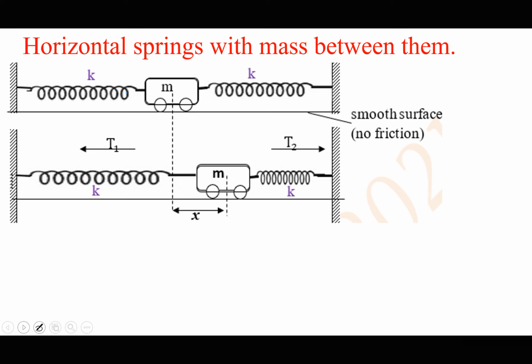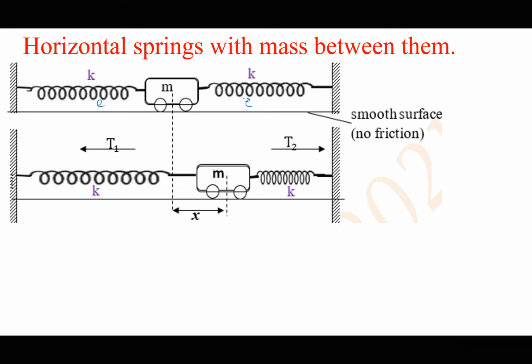If they are identical, we can assume that the extension caused in the process of trapping the mass is going to be E, the equilibrium extension, when the mass is trapped and not moving.